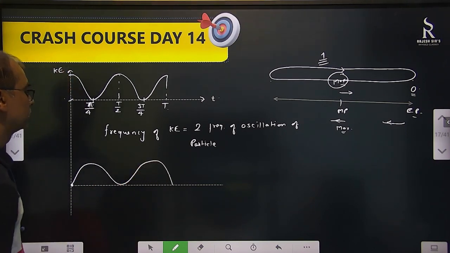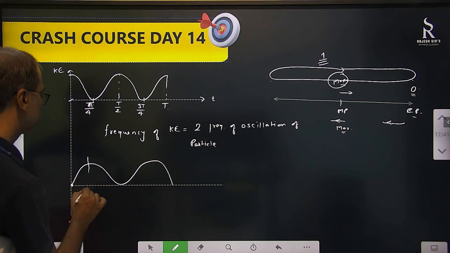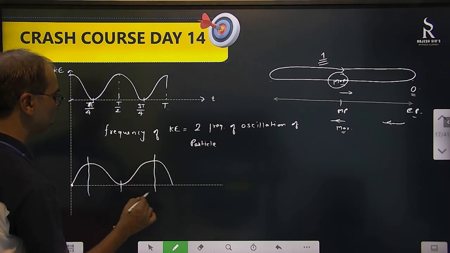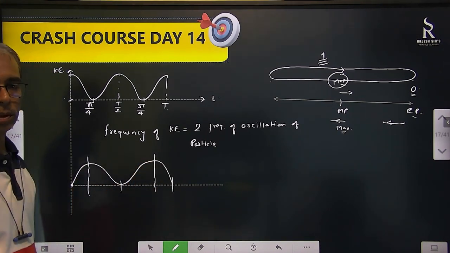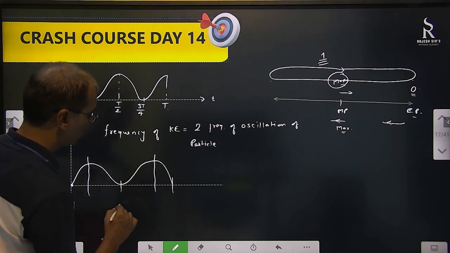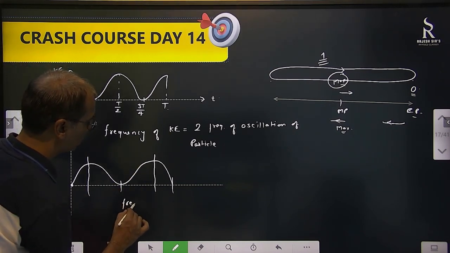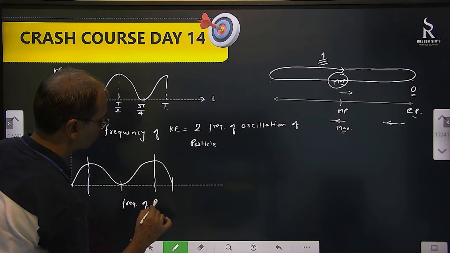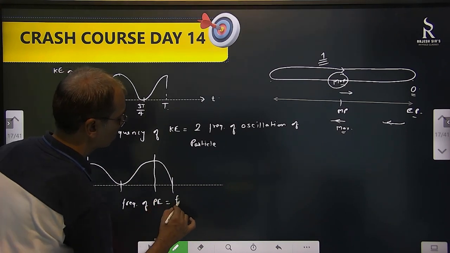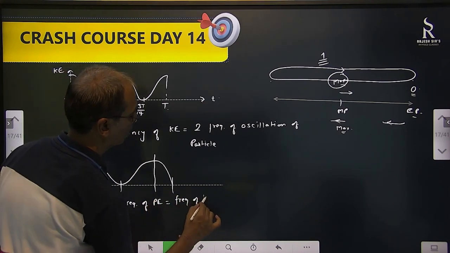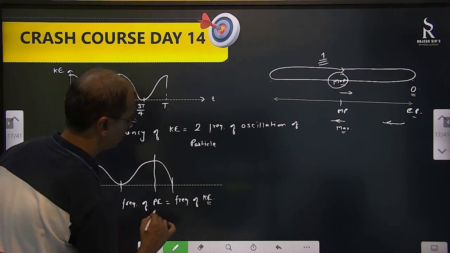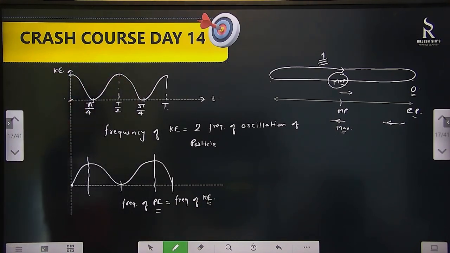Like this. 2 times max, 2 times 0. So frequency of potential energy is equal to frequency of kinetic energy. Remember that the frequency is double the frequency of particle doing oscillation. Right?